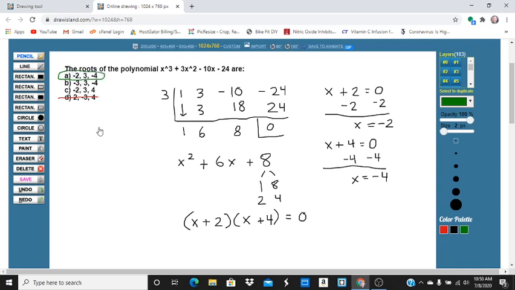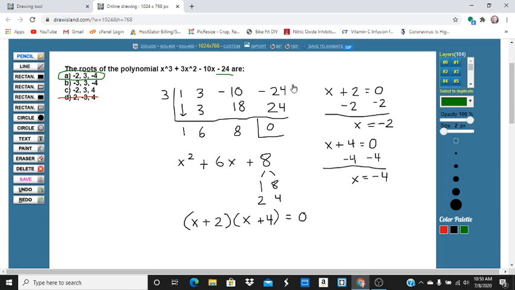Now, in the explanation that he was going through in his practice book, it did mention that you want to get the roots to multiply to a positive number. The reason being is when in factored form, the numbers with the binomial factors multiply to a negative number to get negative 24.